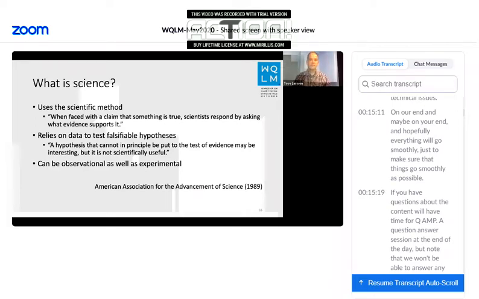And in some ways, experimental designs are really powerful. They allow us to control for variables and make claims about causality that we can't make claims about with observational data.